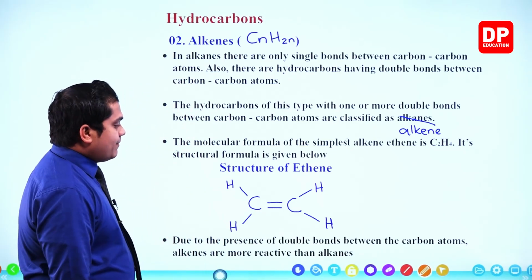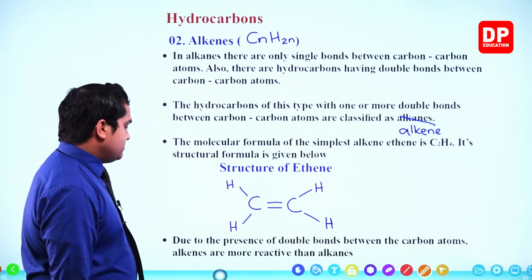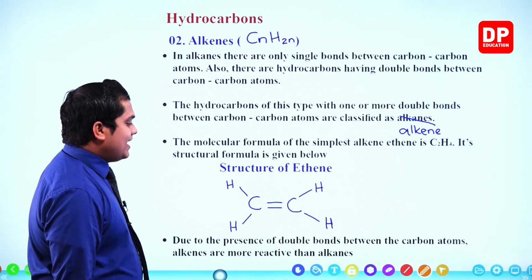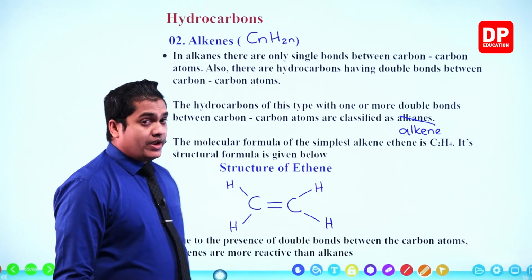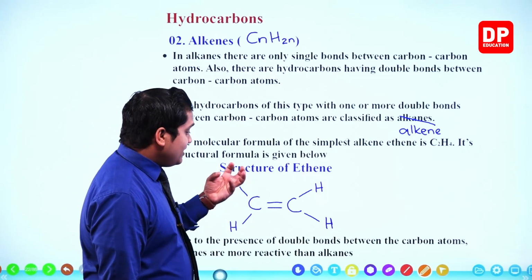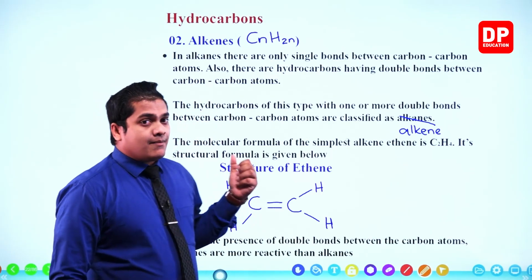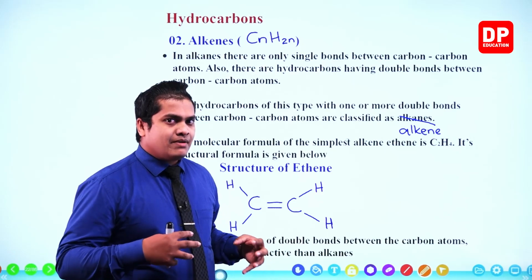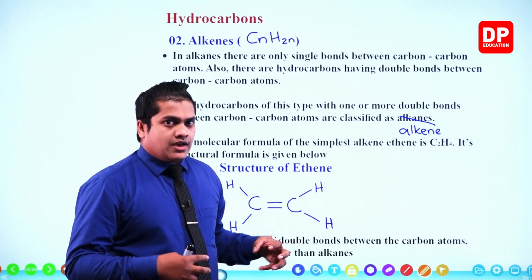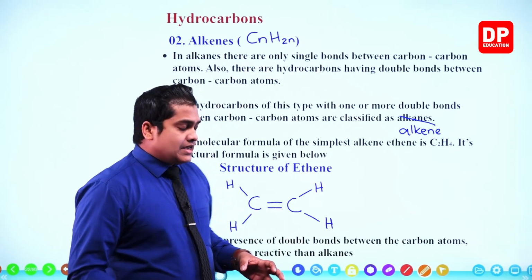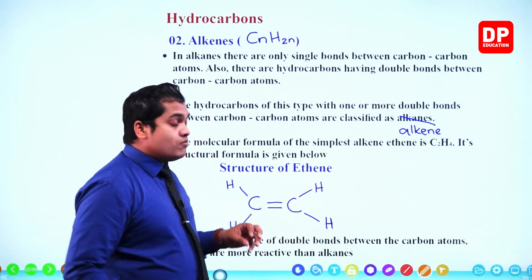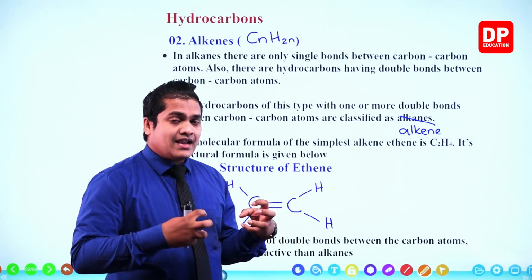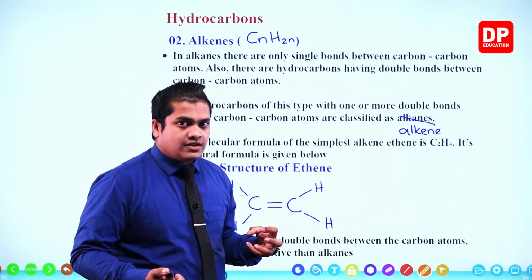Due to the presence of double bonds between carbon atoms, alkenes are more reactive than alkanes. Upon providing energy, we can break this double bond, and they can bond with other substances quite fast.